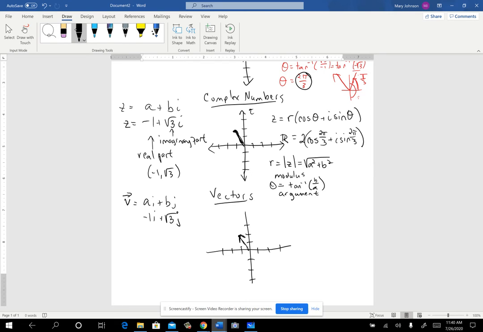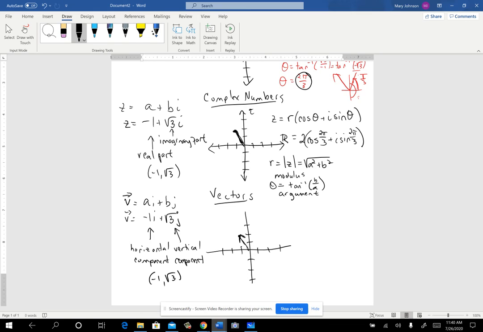So if we have a vector and they give that to us, we basically can just think about it as a point, like (-1, √3). The a part is the horizontal component of the vector, what you do in the x direction. And then this part is the vertical component, what you do in the y direction. So it's very comparable to just plotting the point (-1, √3).